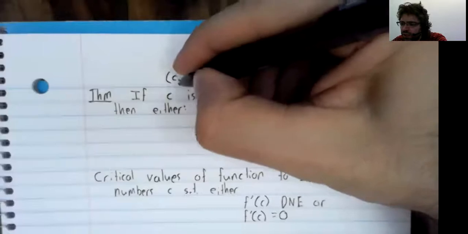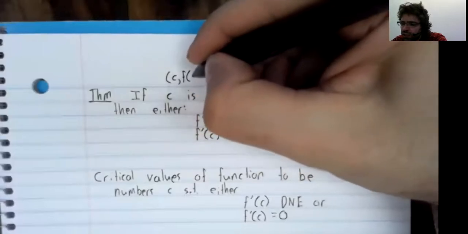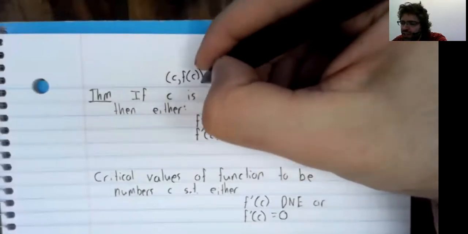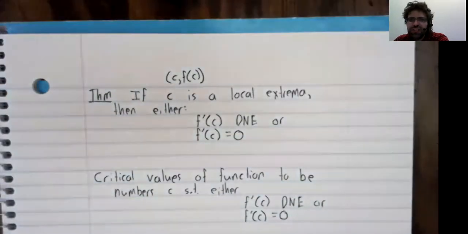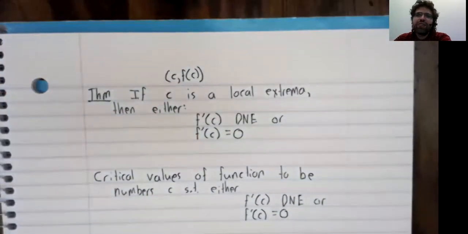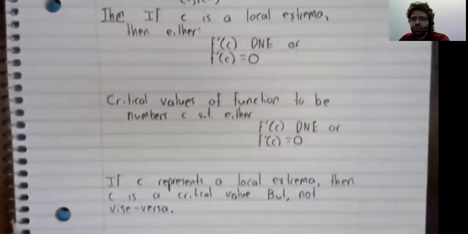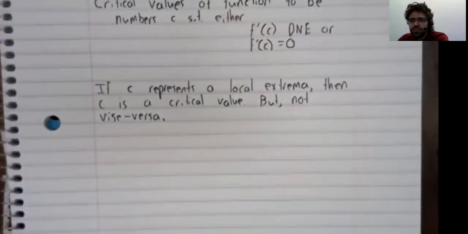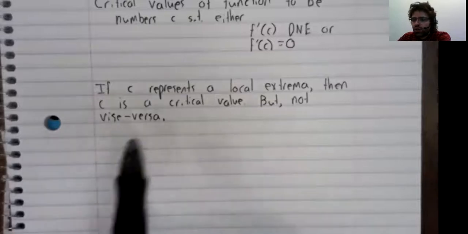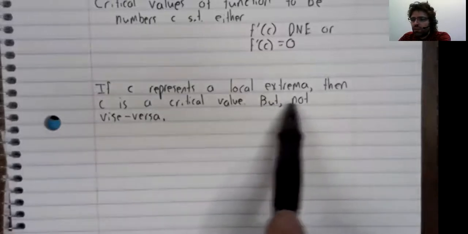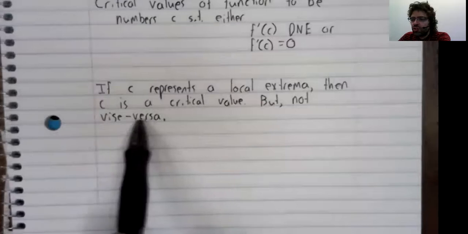What I really ought to be saying is that if C, comma, f of C is a local extrema, then one of these things is true. Later in the course, we'll address this issue.